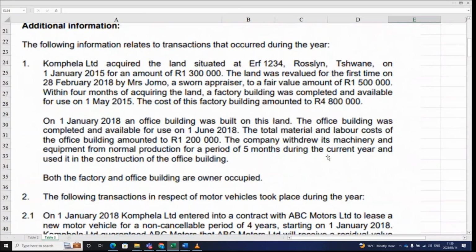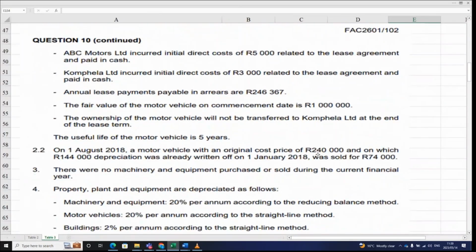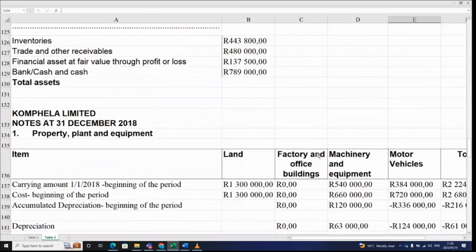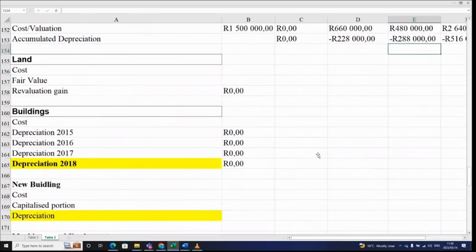So we need to work out the accumulated depreciation on that. Let's say buildings depreciate at 2% per annum. So the cost of the building, we've got that at 4.8 million.